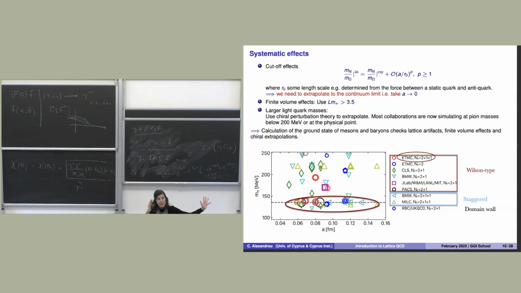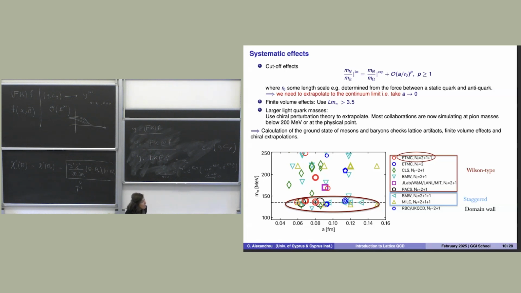Now, BMW smears the gauge fields that go into the action that they are simulating. This cuts out ultraviolet noise, and it makes the simulation easier. That's why some of the first results from the dynamical simulations came from BMW, because it was easier to simulate.